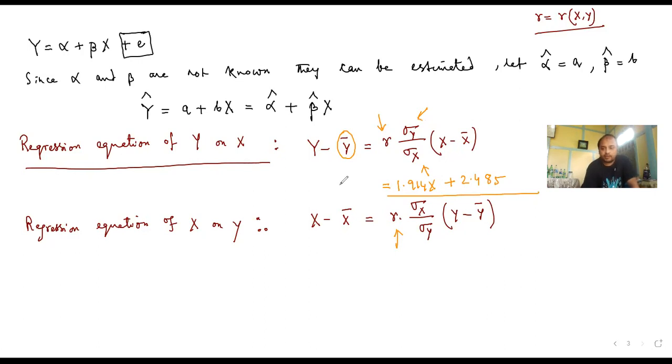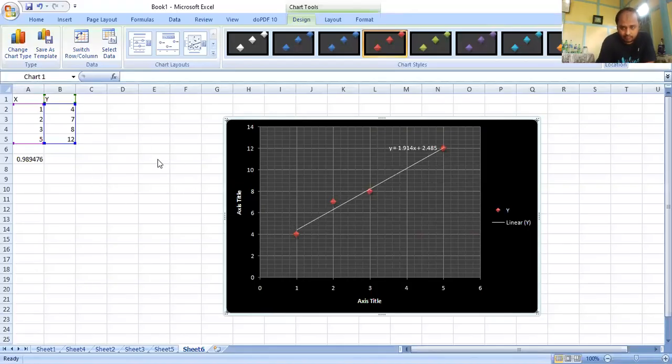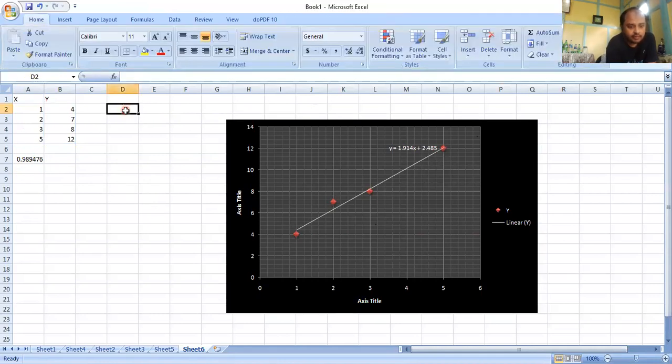Okay, I'm stopping the share and going to the Excel chart, and let us try to find out the different values I'm interested in using Excel. It will just save our time. First of all, suppose I'm interested in finding the average. I will select a column and write the column heading as average of x.